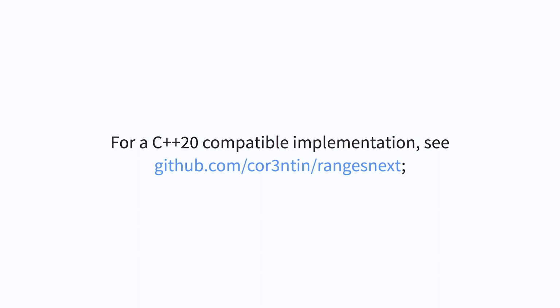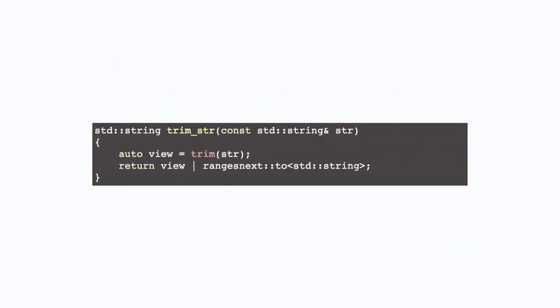Rather than writing this toString function, we don't really need it. We're going to take the view that we're about to write and pipe that through Corentin's Ranges Next ranges::to implementation. Of course, we don't really need the extra view object here. We could just use the pipe syntax like that. So in a moment, we're going to write a trim function that's going to return us some adapted range, and we're going to pass that through Ranges Next ranges::to.